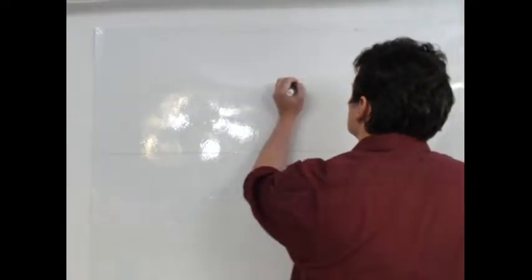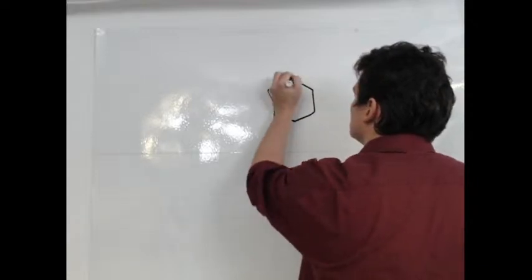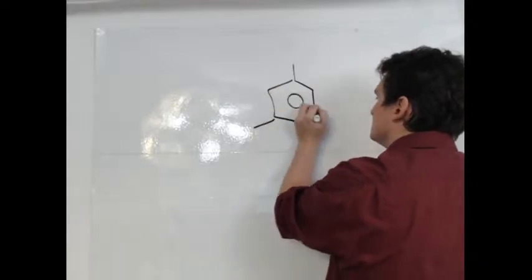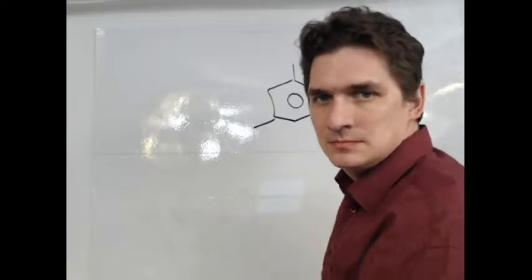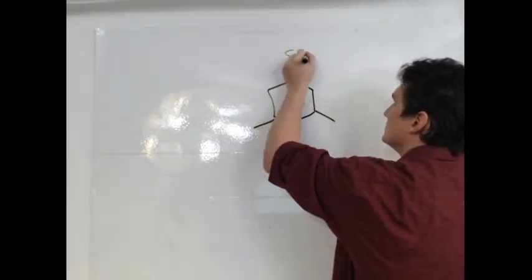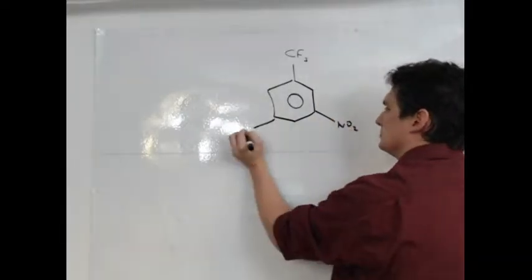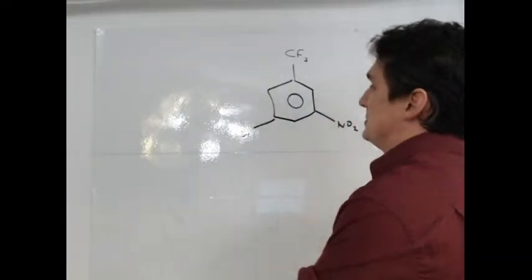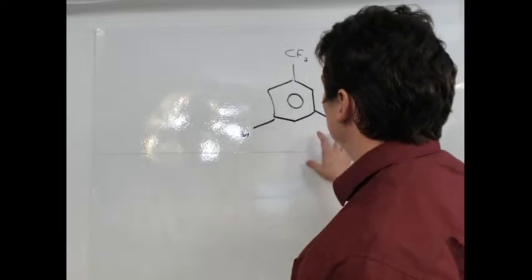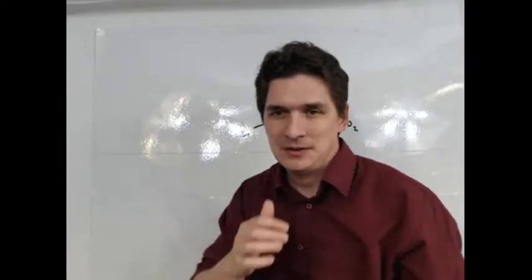Choose the best option for the enzymatic precursor to the target molecule. Okay. So the target molecule here is this molecule here. So bromo, nitro, trifluoromethyl.